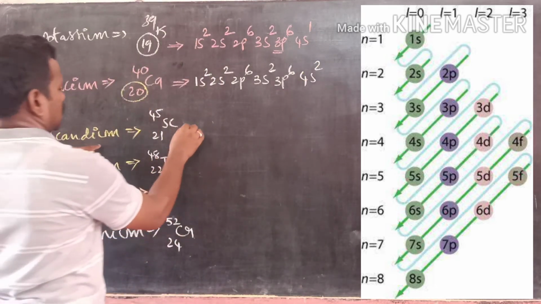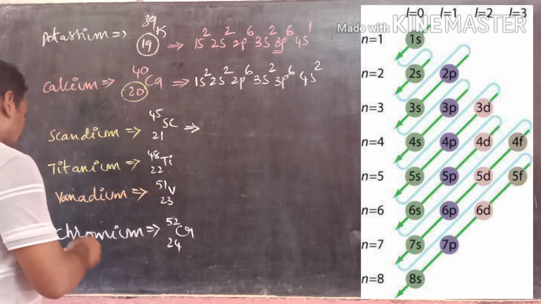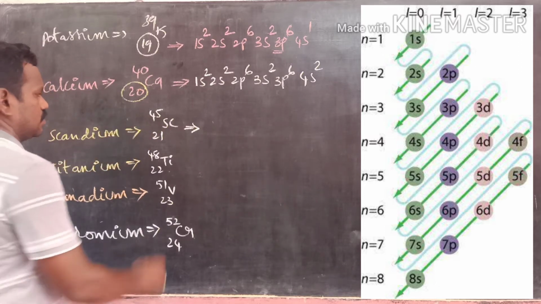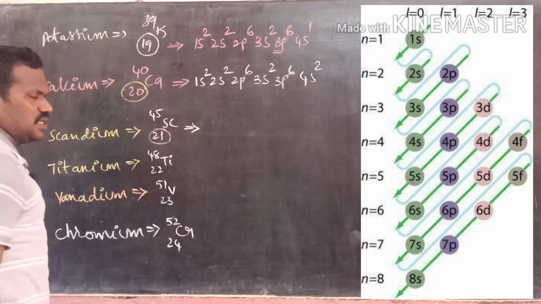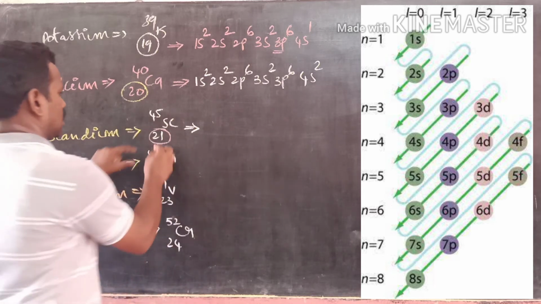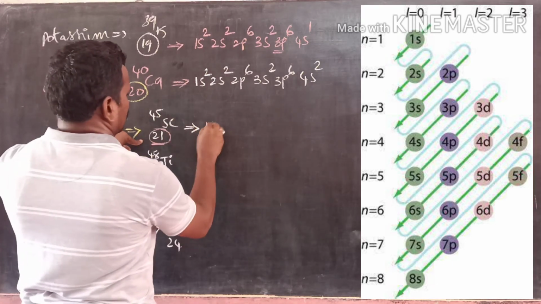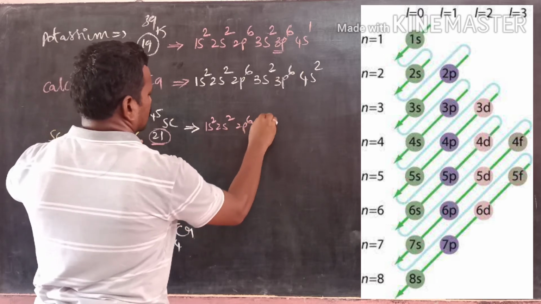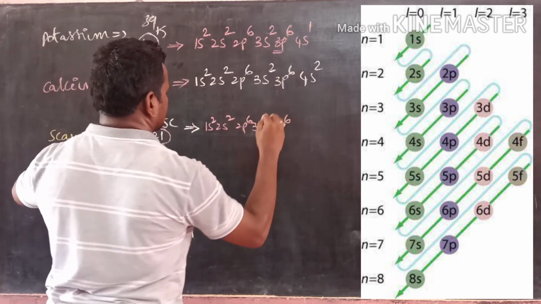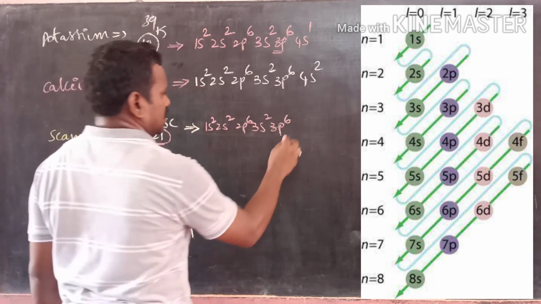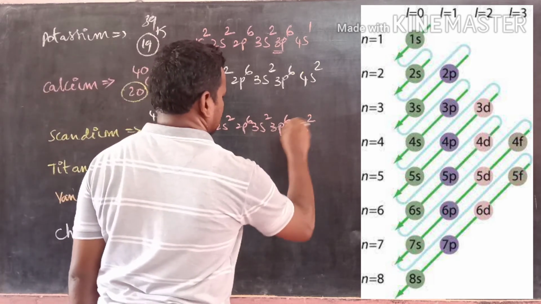Now comes the next element, scandium, whose general representation is Sc 21 45. This means here 21 electrons are there and 21 protons are there. Why? Because that is the representation of the atomic number. Now let us come to this 21: 1s2, 2s2, 2p6, 3s2, 3p6. After 3p the electron does not enter into the 3d. First of all it enters into the 4s.